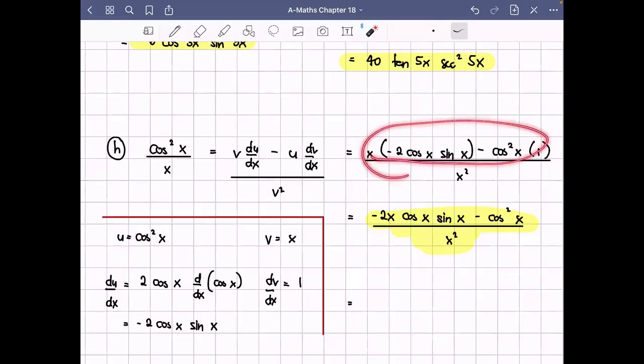So the answer is negative 2x cosine x sine x minus cosine squared of x over x squared. Now, this is acceptable as your final answer. You don't have to, actually, you can factor out something on the numerator, but basically it's the same thing. So this one is the final answer. That's the page.